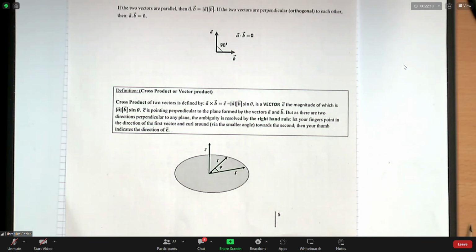Professor, but what if both the vectors are negative? What if both are negative? Then is the final one also going to be negative, or is it going to be positive? This is actually a good question. You mean here I and K?